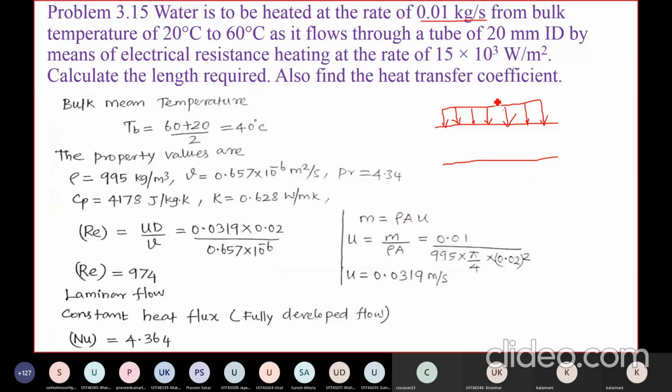That heat flux is given, and the fluid flows through the pipe. The inlet fluid temperature is 20 degrees Celsius, to 60 degrees Celsius. The initial temperature T_i is given as 20 degrees Celsius, and the outlet temperature of the fluid is also given, T_o equal to 60 degrees Celsius.